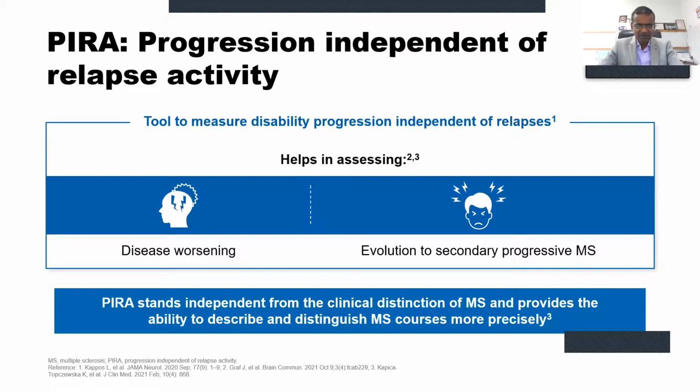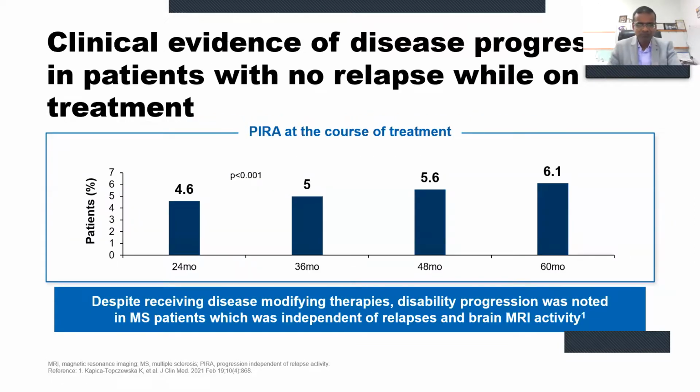Now, progression independent of relapse activity is a tool to measure disability progression independent of relapses. This can help us in assessing disease worsening and also the evolution of relapsing remitting form to secondary progressive form of MS. It is independent from the clinical distinction of MS and provides the ability to describe and distinguish MS courses more precisely.